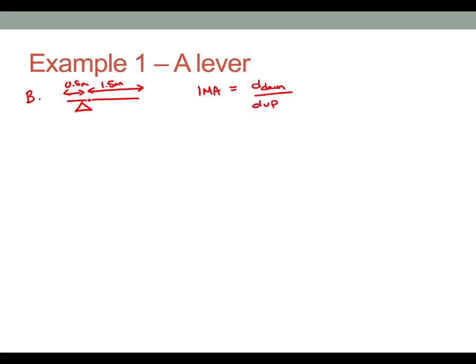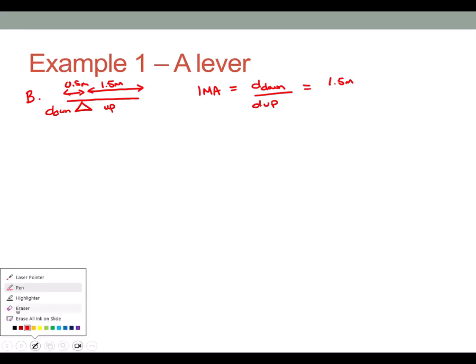And remember, D down is the side that is going to be pushed downward. And D up is the side that, I'll write it down here, this side's going to move down, this side's going to move up. So this is going to be 1.5 meters. And I just wrote it wrong. Take 2. Can I just erase? Nope. Okay. Take 2.